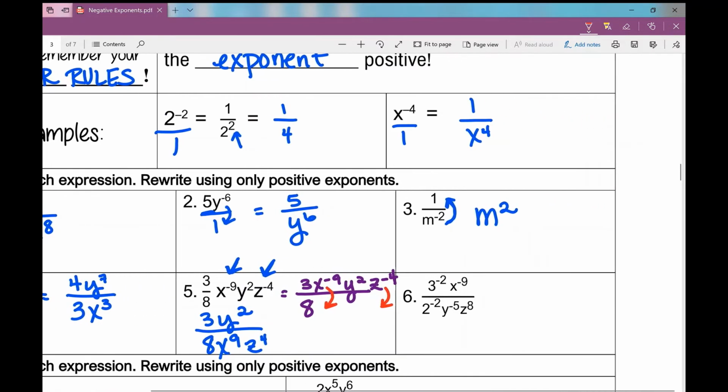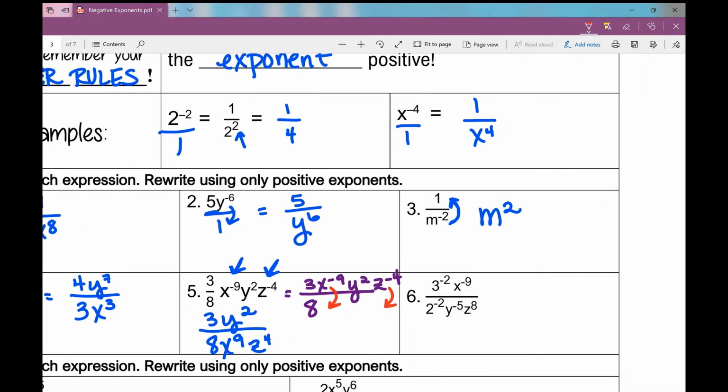Okay, let's look at number 6. Goodness gracious. Now I have a number with a negative exponent, a variable with a negative exponent, a number down here with a negative exponent. So what happens? Well, I know that 3 to the power of negative 2 is not 9, it's, flip it, 1 over 9.